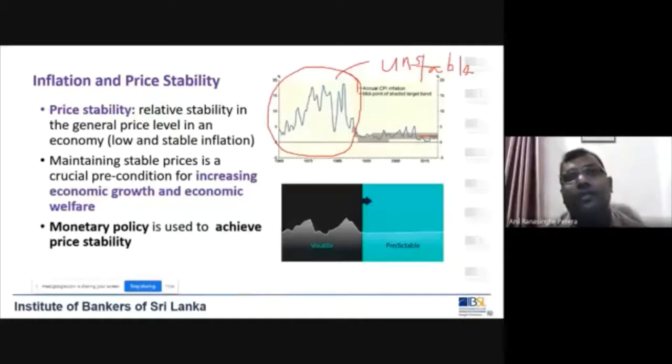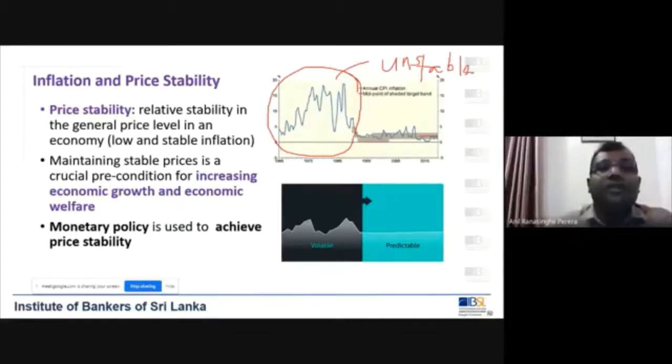They will not take any long-term economic activities favorably. They will not invest in any long-term project. No borrowing on a long-term basis. So a lot of uncertainty will be there when high inflation is there, when price instability is there. So we need to ensure price stability.